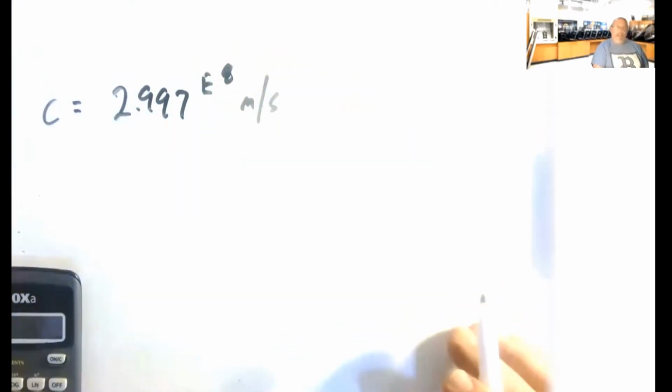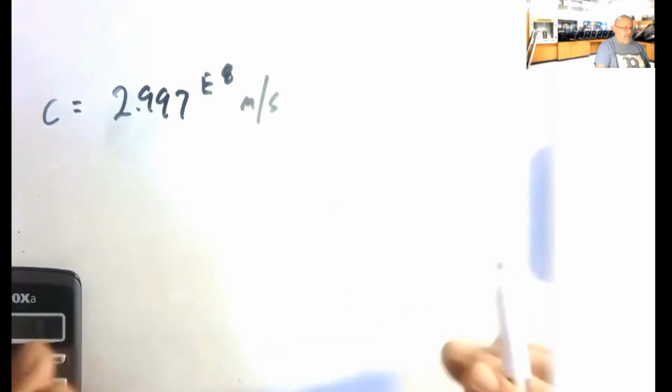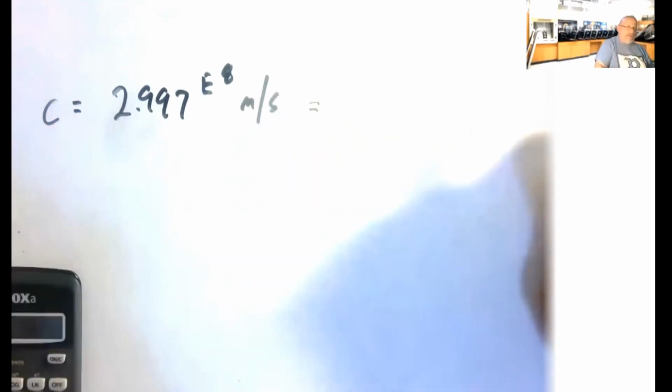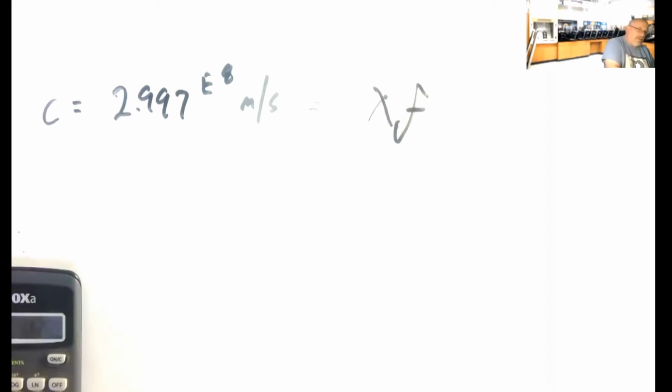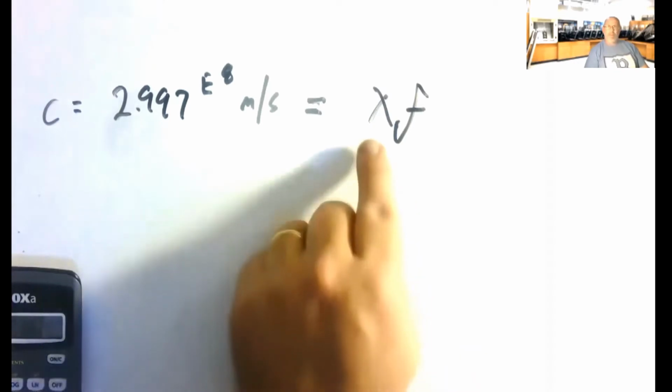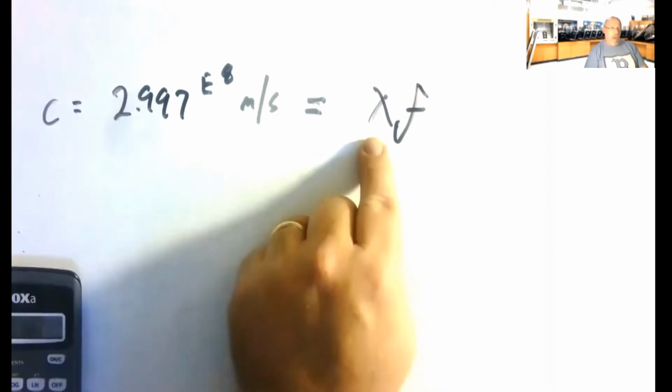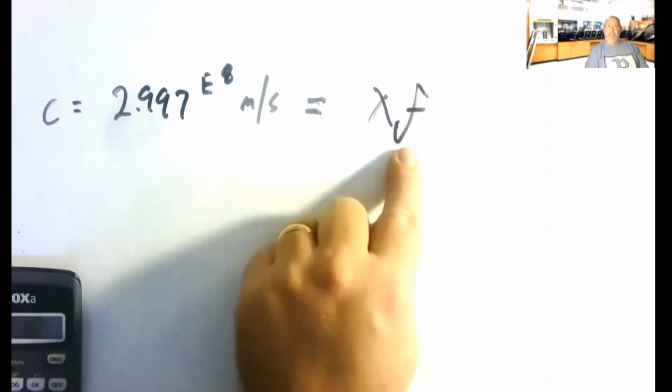Now, the speed of light equals what's called the wavelength times the frequency. Okay? So the wavelength is simply how long the wave is, and that number is in meters, and we represent it with this symbol that looks like an upside down Y, that's lambda. And frequency, of course, is F.